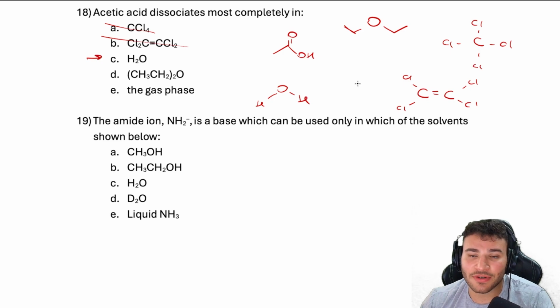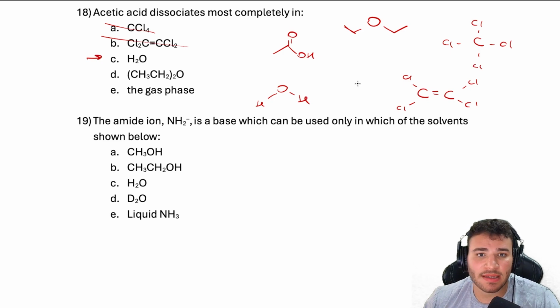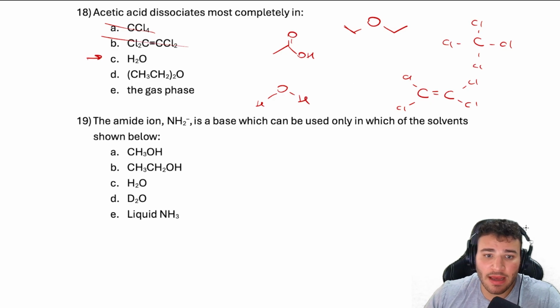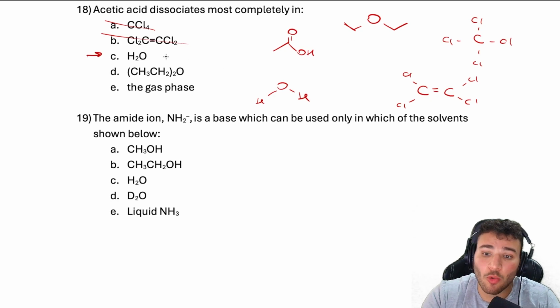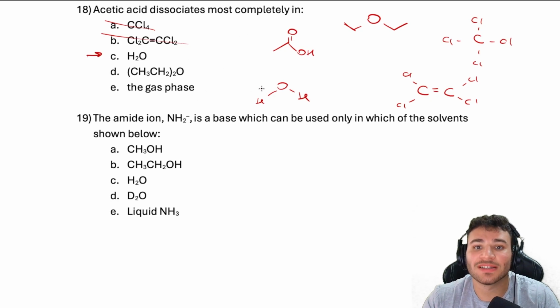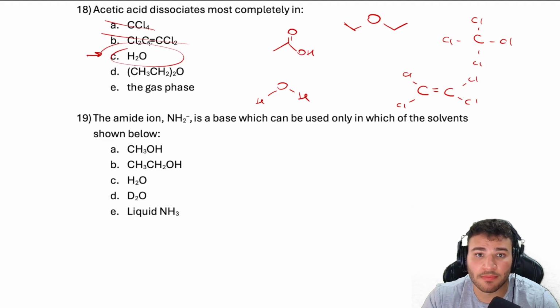Carbons are not electronegative. They're considered electron donating. Adding more carbons means that the oxygen is going to be less willing to hold an extra proton. Can it accept another proton? Sure, but I think the water is going to be much more willing to accept another proton from acetic acid, allowing it to dissociate more completely.